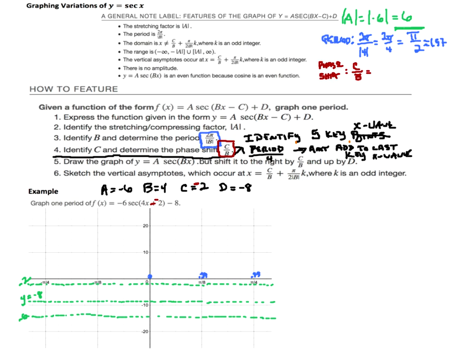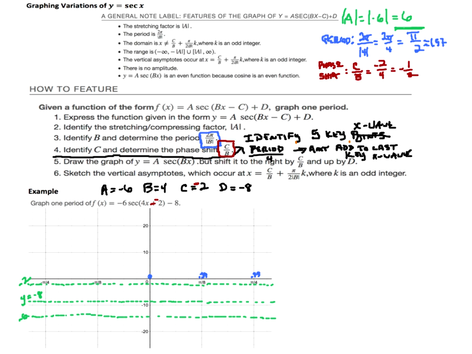That's plus 2, so that's really minus negative 2. I almost didn't catch that. Negative 2 over 4, which is negative 1/2. So everything's going to shift negative 1/2.